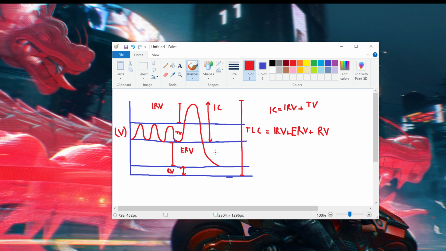Now let's talk about vital capacity. Vital capacity is from here to here. It's basically the sum of IRV, TV, and ERV. Let me write down vital capacity. The graph's getting a little congested, but I hope you understand.